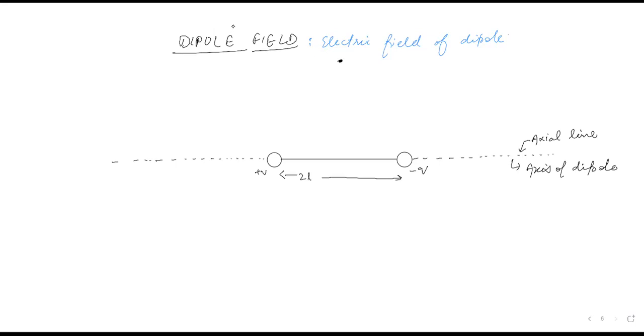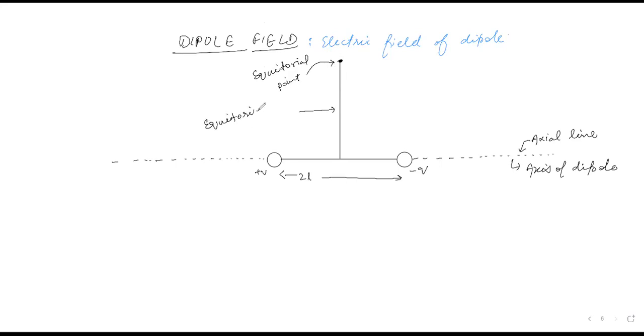If you draw a line, then you get a perpendicular on the axial line. Then this position is said to be the equatorial position, or equatorial point. And this line is said to be the equatorial line.